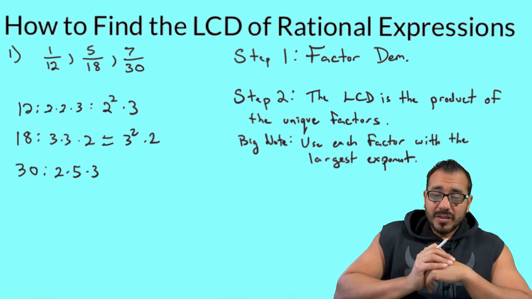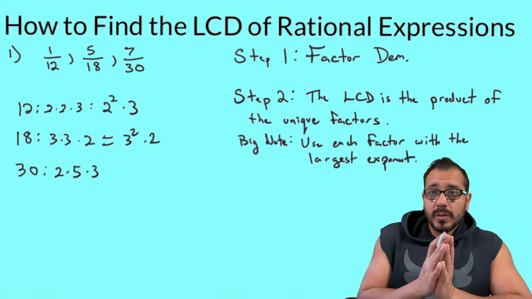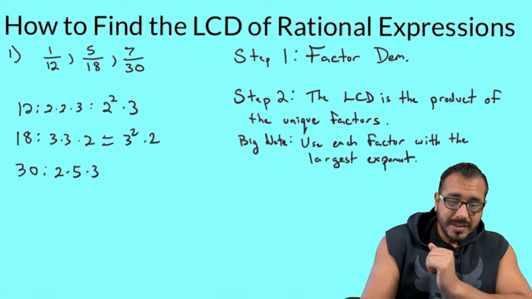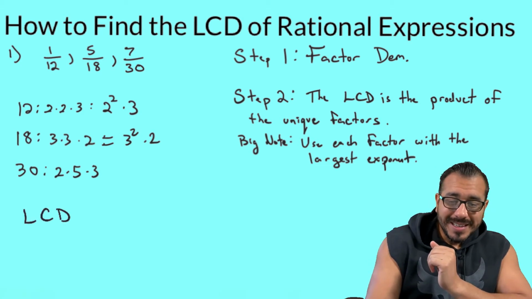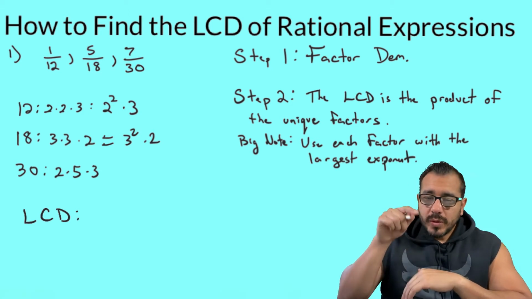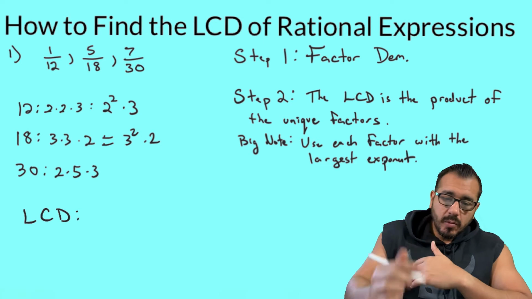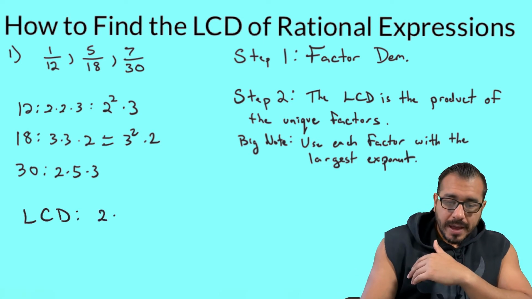Now, to find the LCD, we're going to have a product. For our LCD, we look at the unique factors, meaning the different numbers that you see. Well, I see a 2, I see a 3, and I see a 5.